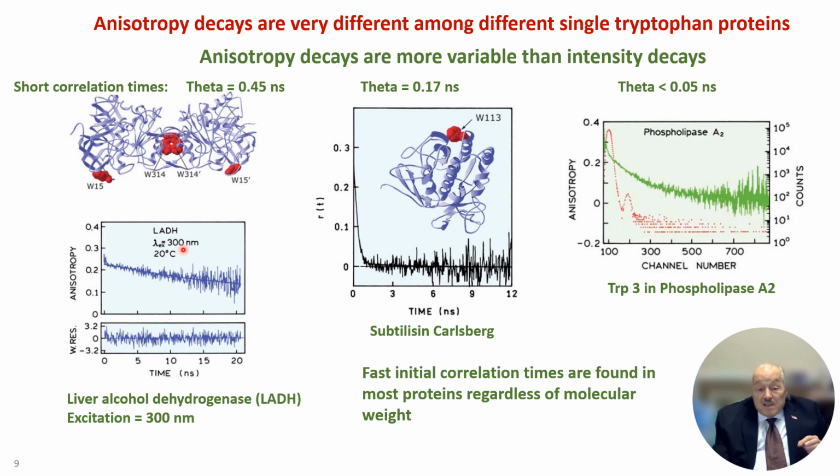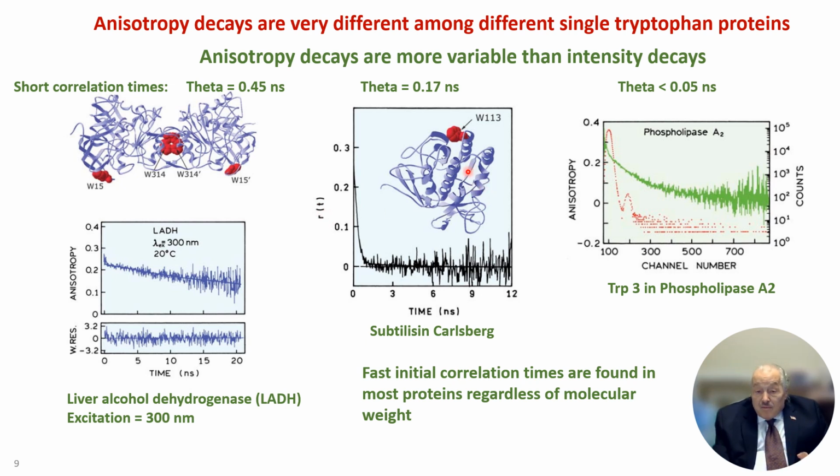The first is liver alcohol dehydrogenase, which has two types of tryptophans in it, but the proteins always show a rapid decay before they show the part of the decay due to overall global rotation of the protein. So for this protein, there's a short correlation time around half of a nanosecond.